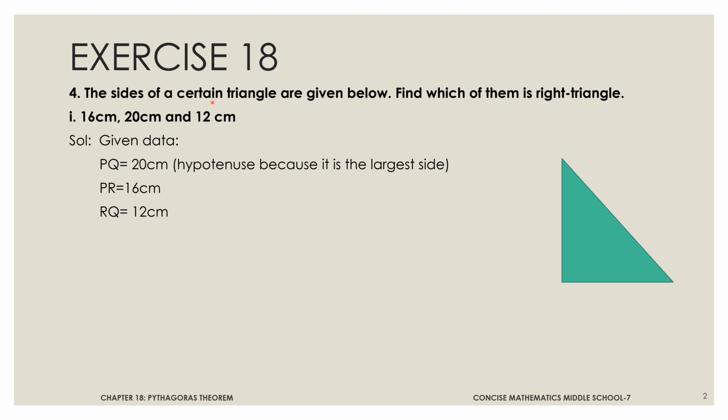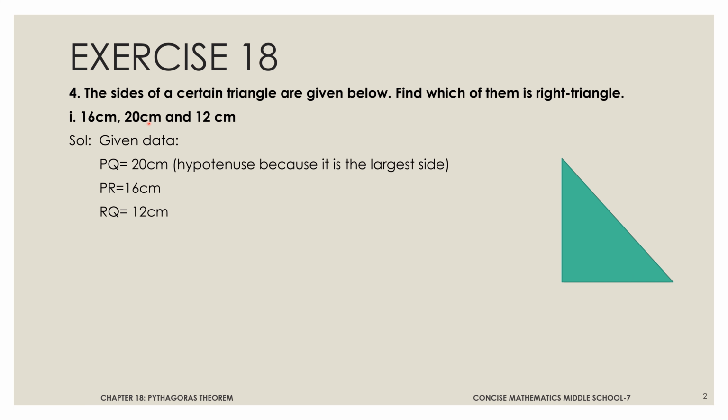So we all know that there are two ways to find the hypotenuse. That is the length. Always the hypotenuse is the larger side, right? The length of the side will be larger. Among these, 20 is the largest one. So 20 is the hypotenuse.